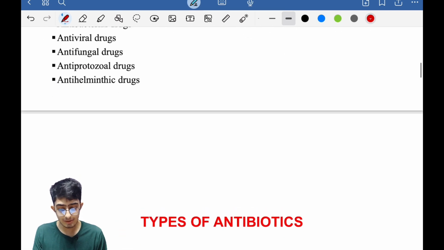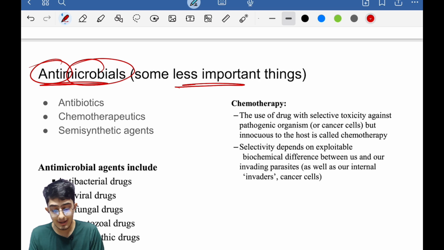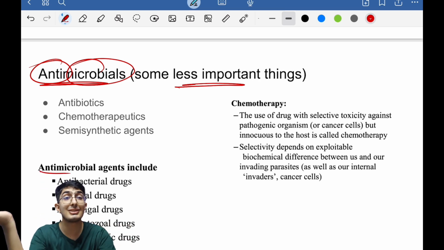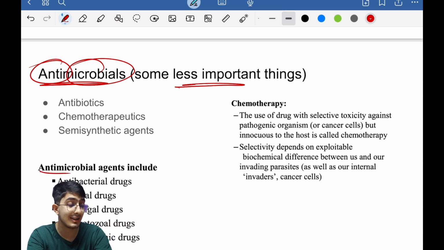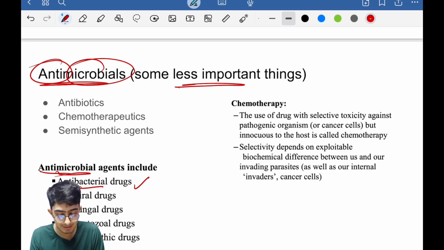So what are antimicrobials? Anti means opposite, microbials means organisms, right? So antimicrobials are things or drugs that are used to kill microorganisms. That's pretty self-explanatory, right? There are different kinds of antimicrobials, like antibacterial drugs, antiviral drugs, antifungal drugs, antiprotozoal drugs, and antihelminthic.